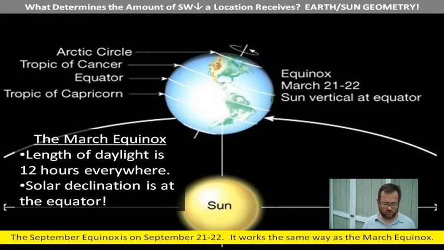The solar declination will be 0 degrees, and the length of daylight will be exactly 12 hours everywhere, hence the word equinox, equal night. On the equinox, every place on Earth has 12 hours of daylight and 12 hours of darkness. So you can see that being able to figure out the solar declination, the latitude at which the sun is directly overhead, will be important.